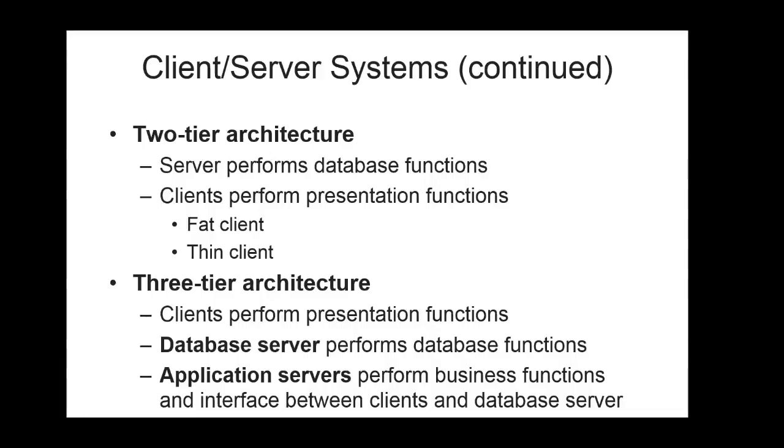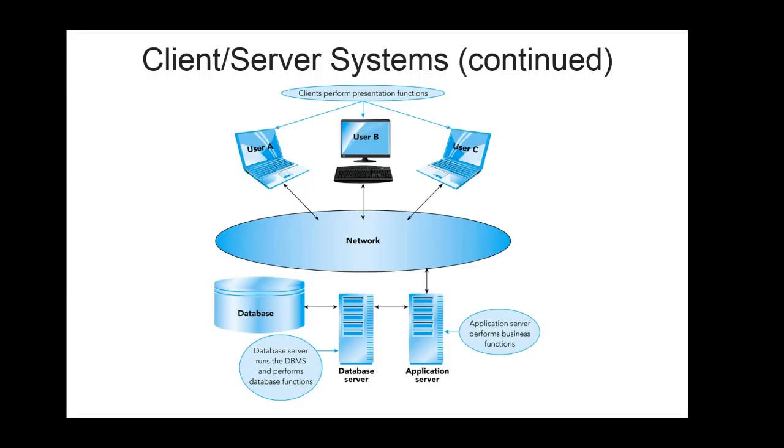A three-tier architecture distributes the processing of functions so that you can eliminate the fat client maintenance problem and maximize the scalability of the system. As the number of users increases, we can upgrade the application and database servers by adding faster processors, disks, and hardware without changing the client computers. This is an example of three-tier client-server architecture.